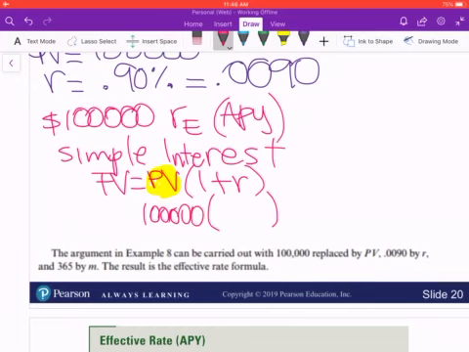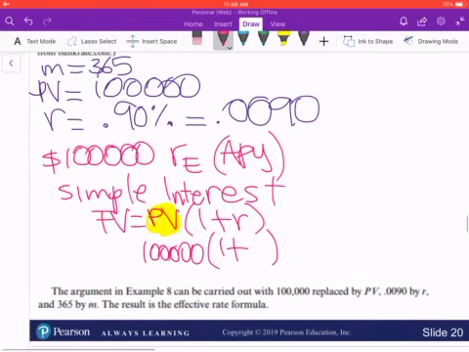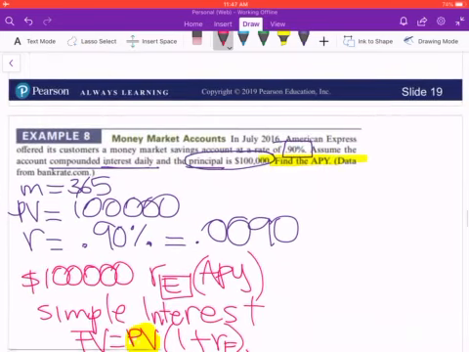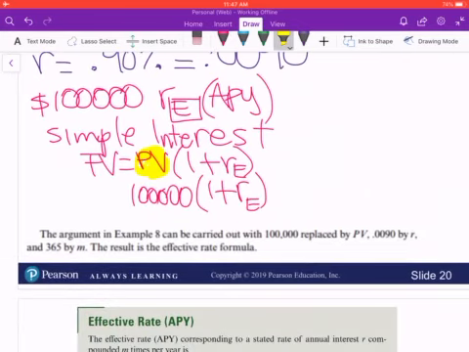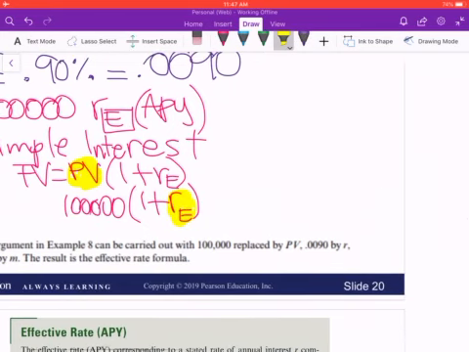And here we're going to use 1 plus, and instead of R, we're going to use R sub E for effective rate. And the question is find the APY, so that is what we are going to be looking for, R sub E.